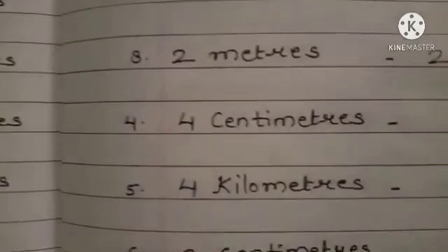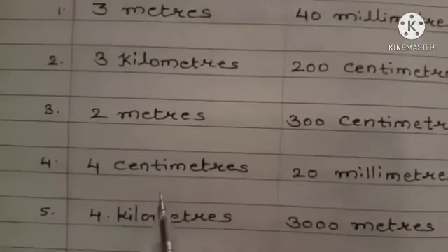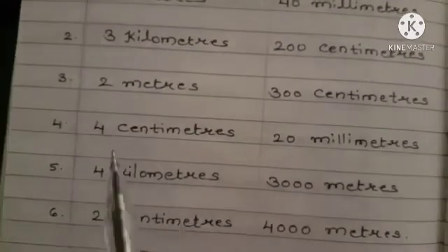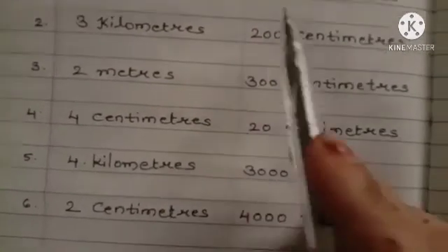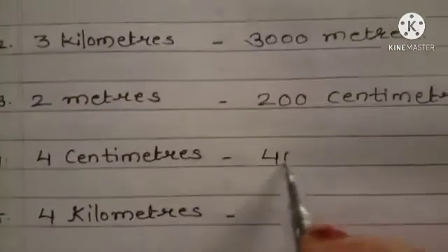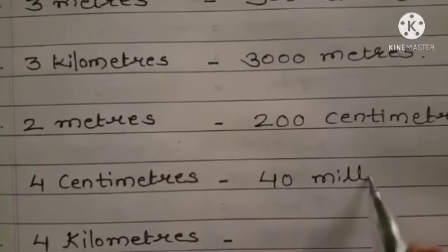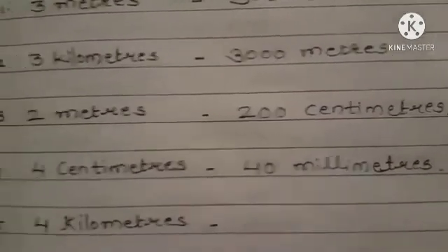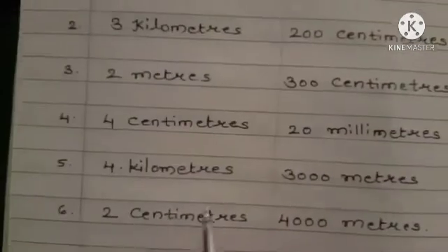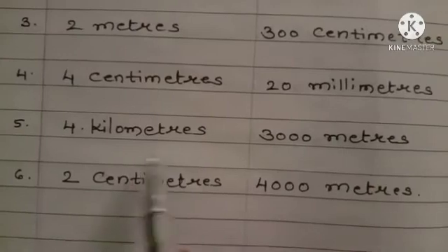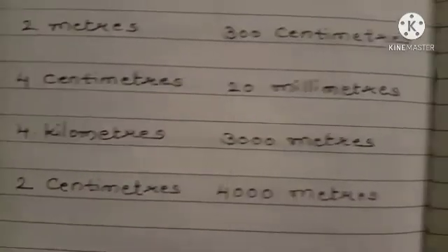Fourth question is given 4 centimeters. You know that 1 centimeter is equal to 10 millimeters. So 4 centimeters is equal to 40 millimeters. So here we will write 40 millimeters. Next is given 4 kilometers. Again 1 kilometer is equal to 1000 meter. So 4 kilometer is equal to 4000 meters.